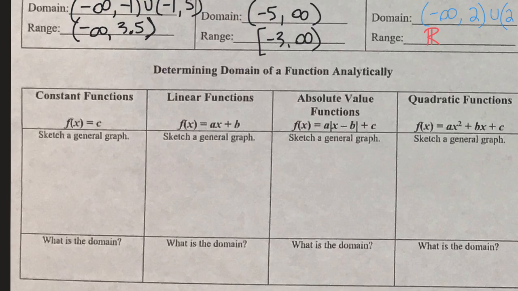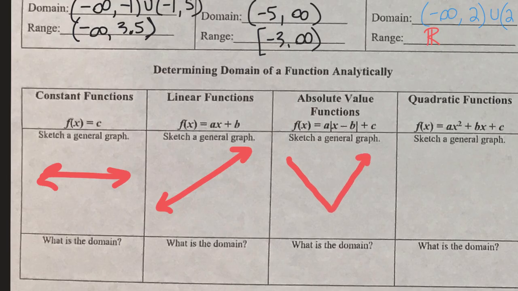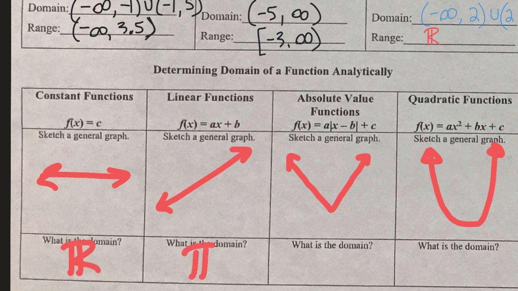If you notice, these all have no domain restrictions, right? A constant line is a horizontal line. A linear function is a diagonally slanted line. The absolute value function is a V, and your quadratic is a U. Okay, there are no holes, no gaps, no asymptotes, no jumps, nothing to restrict your domain.